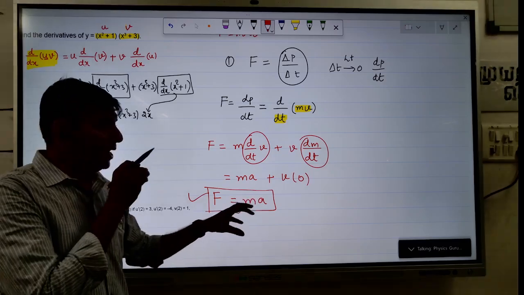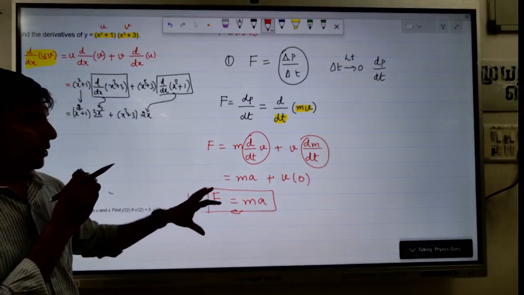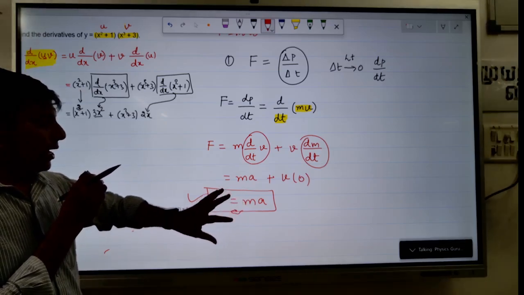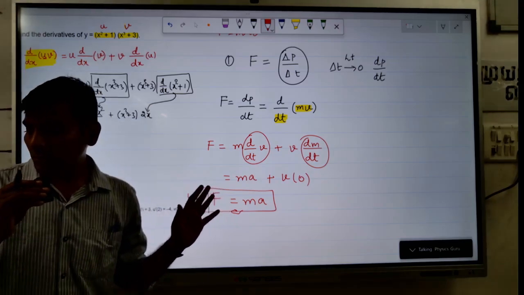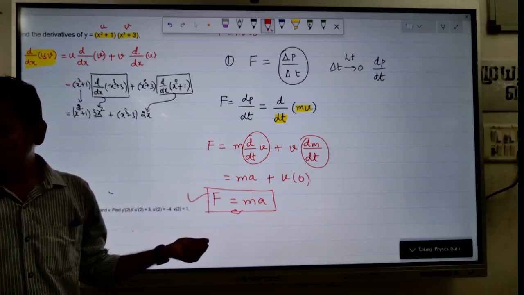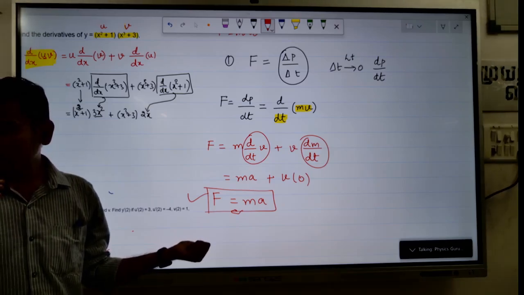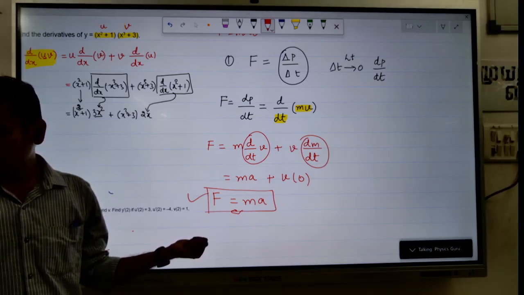We have been believing that F is equal to ma is a standard universal equation. Fine. But now it turns out to be something different and strange. Got it?